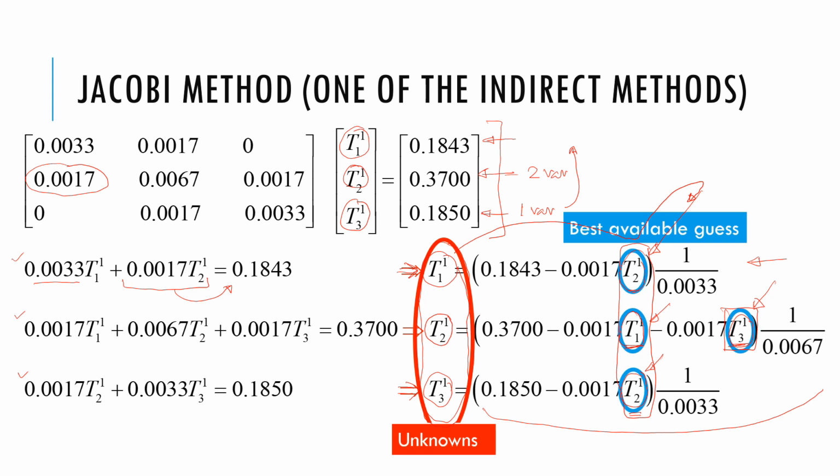Okay, and so I keep doing this until what I plug in here is pretty much what I get back in here. So I plug in from here and then I get back about the same quantity. That's when we say this process has converged.